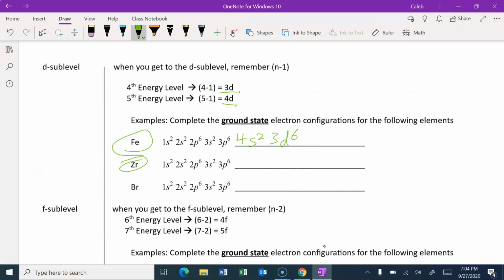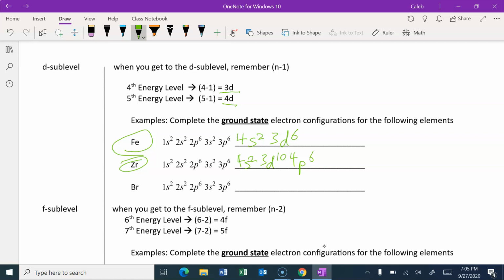Let's write that out. 1s2, 2s2, 2p6, 3s2, 3p6, and then we said 4s2, 3d10, 4p6, goes back to that fourth energy level when we get in the p block. I don't know if I said that right when I was looking at it, but that's what you do.